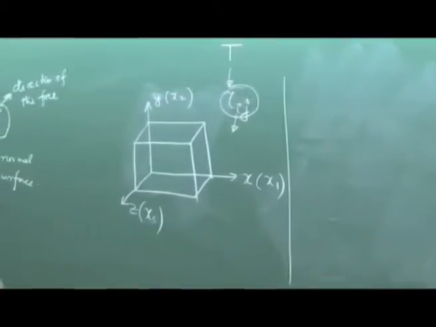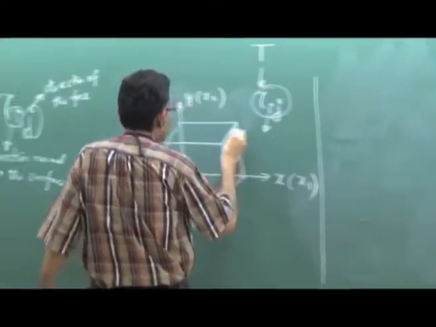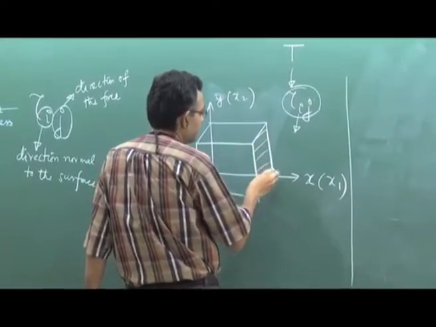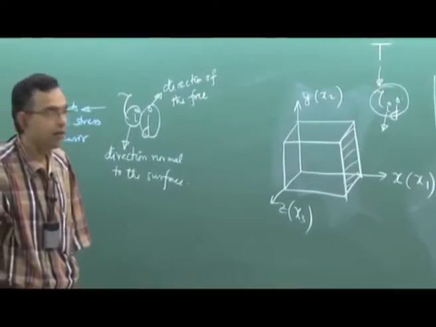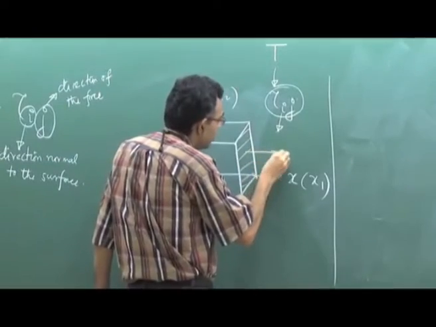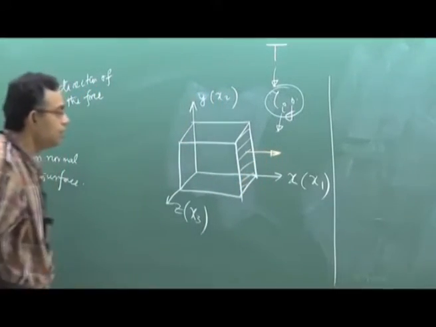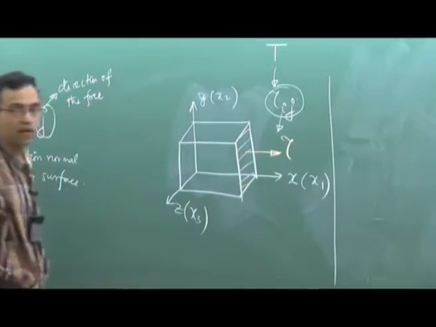Now we will try to draw the various components of the stress tensor on this element. So let us take this surface. I will just write tau.